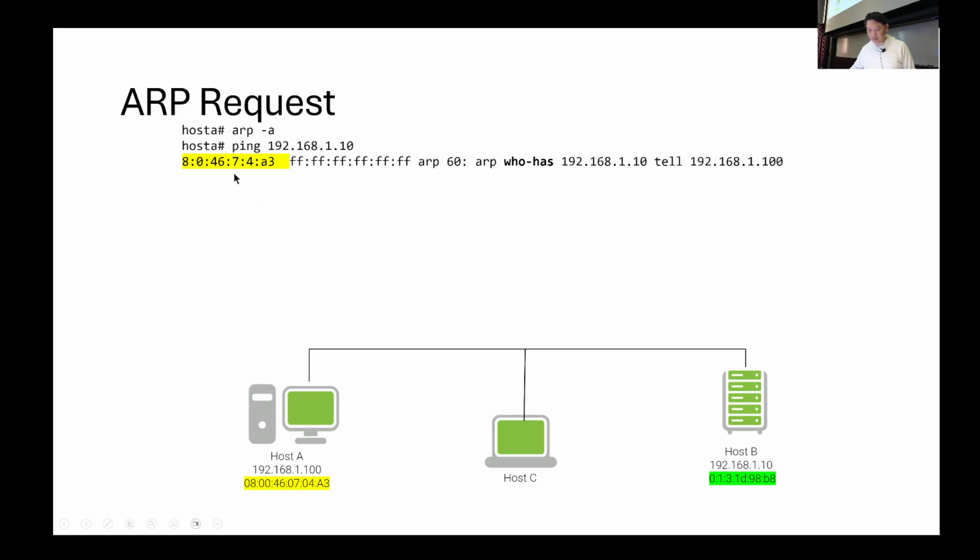At first, the host A, with MAC address A3, sends an ARP request: who has IP 10? If you have this IP, tell the IP address 100. So this command is typed on host A, right?